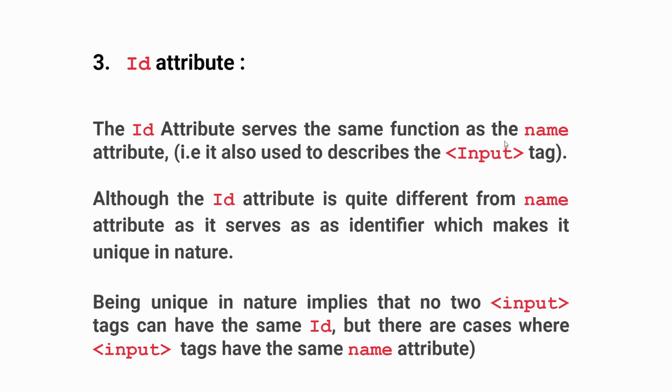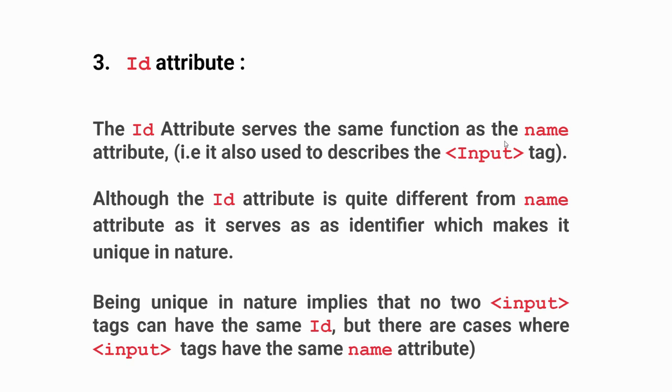Probably on a web page, a person who develops the form for the website decided that we have these input tags. The first input tag is for first name, the second input tag is for last name. Now, that individual creating that particular form can decide to assign the keyword name to the name attribute. You can just decide to put it that way.